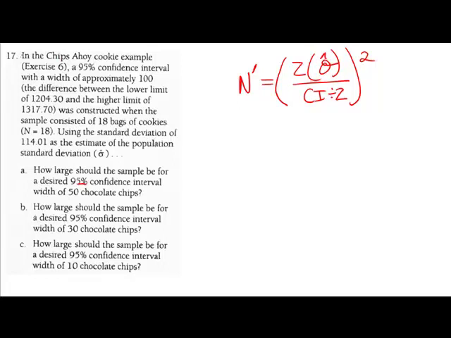Z, for a 95% confidence interval, is 1.96. That sigma with a little hat is when we're saying we're going to take our sample and make an assumption that it's an estimate of the population standard deviation.